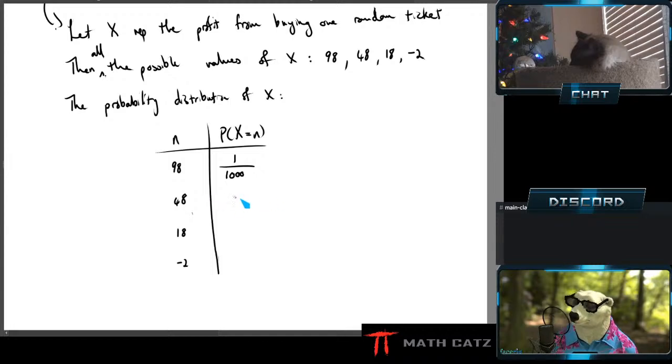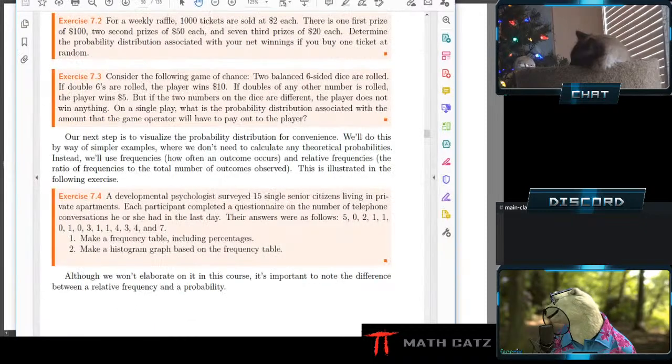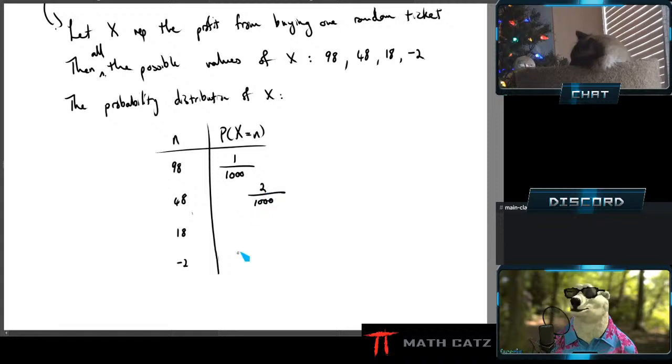Shift this over because, of course, I didn't give myself a lot of space. When I talk about x equal to 48, I am just talking about winning second prize. I think there were two second prizes. So if I buy any one of those two tickets, I'm winning second prize. X equal to 18 represents winning third prize.